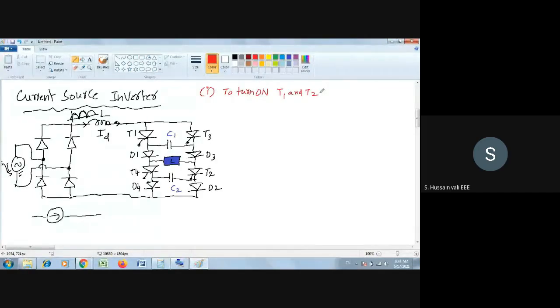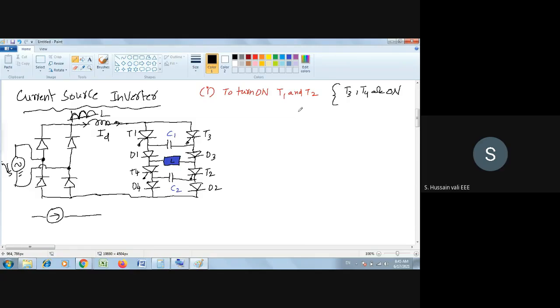When I say steady state case, it means that before I turn on T1, T2, we must ask which thyristors are on. Before this, T3 and T4 are on. We are discussing the initial status because in the steady state case, every state has a previous state.